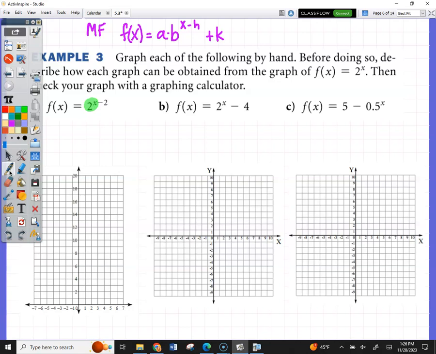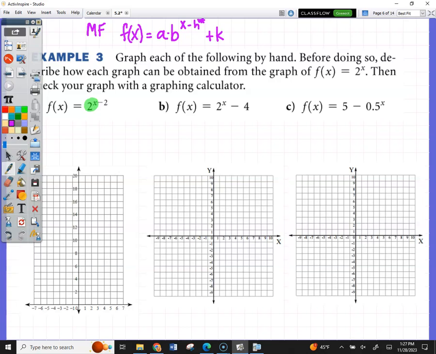Shifting which direction? Right 2. Do you remember when we were dealing with quadratics? We said to watch out for that number. It's always a sign change. If you see -3, it meant right 3. If you see +4, it meant left 4. So keep that in mind.